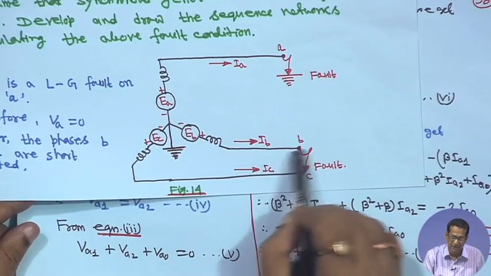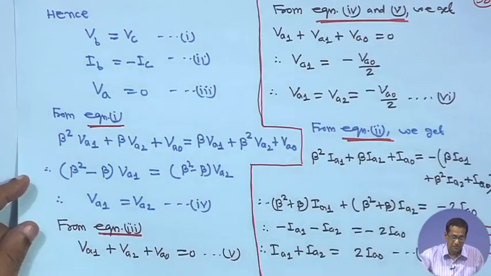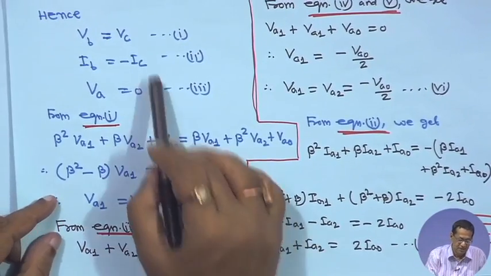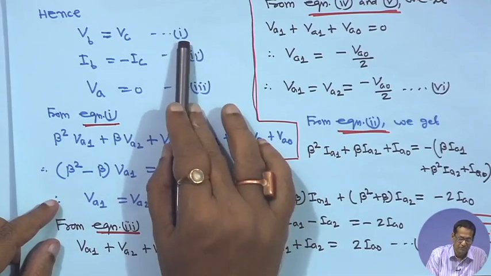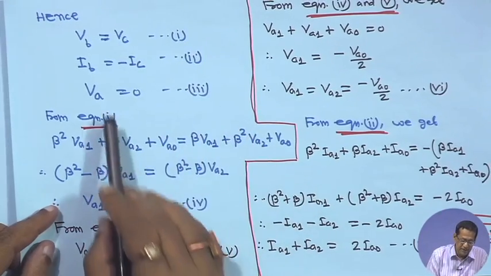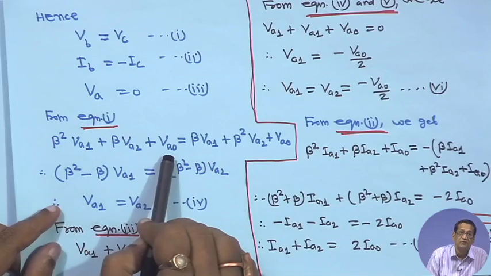So, VA is equal to 0, these are the three conditions. From equation 1, from this one you can write, just put it in positive, negative and zero sequence.